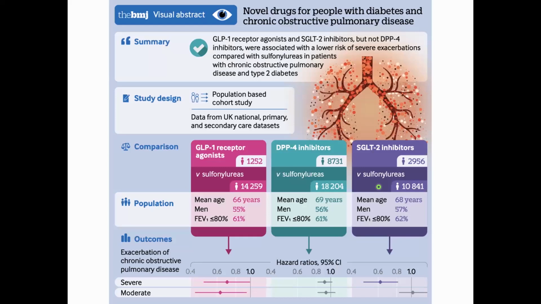So there are a lot of new avenues being explored with SGLT2 inhibitors. There is again this DMJ visual abstract, chronic obstructive pulmonary disease.